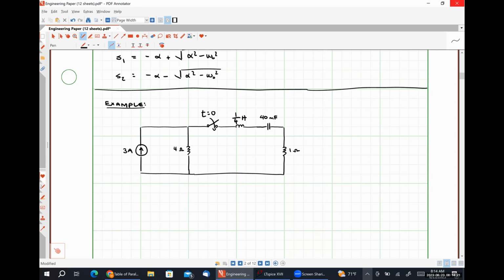Let's define some things of interest. So this is going to be my current I. This will be the voltage drop across my inductor. This will be the voltage drop across my capacitor.